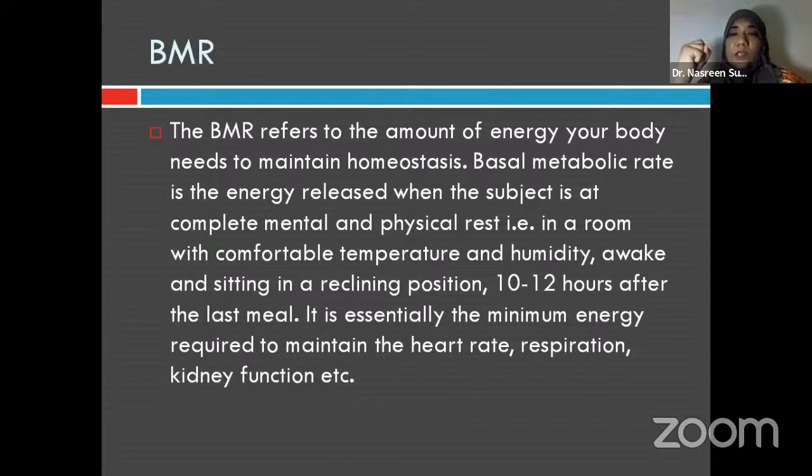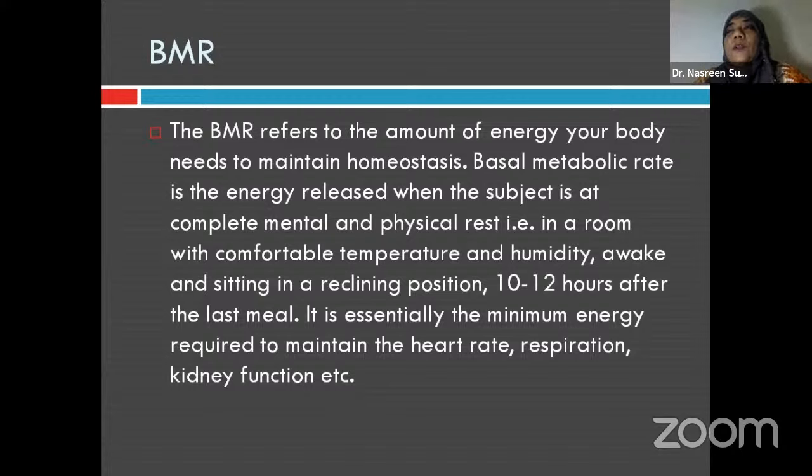So what is this BMR? It is the energy released when you are completely at rest. Okay, when you are at rest, how much energy you are releasing, that energy will be calculated as basal metabolic rate. The one who has a high basal metabolic rate will be active.